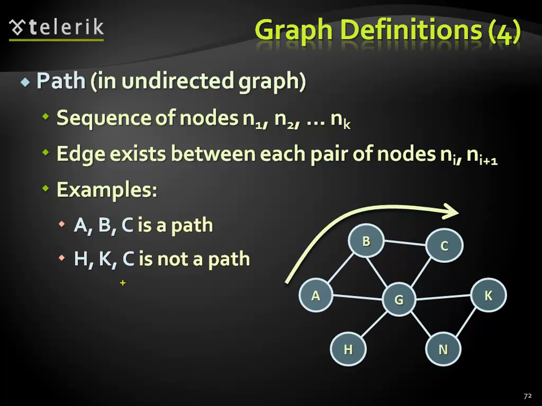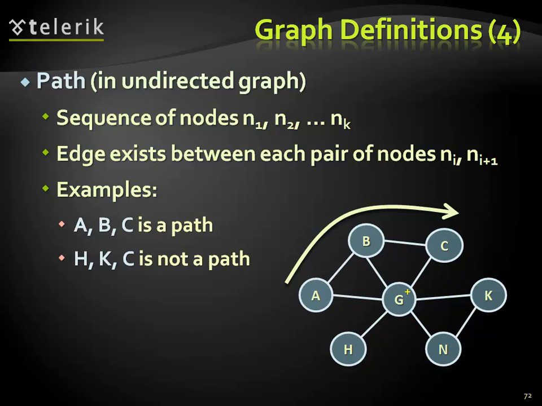For example, HKC is not a path, there are no direct connections between H and K and between K and C. And HKG is also not a path because there is no direct connection between H and K, even though there is a connection between G and K.